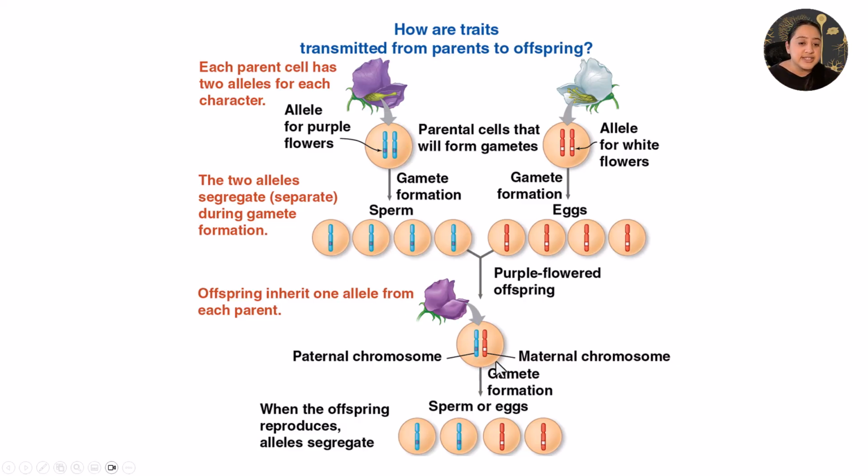That is how offspring end up getting one copy of each recipe for something, and then offspring have the full number of chromosomes. Even though it seems very different, meiosis, and then we jump into genetics and it seems like a totally different thing, they are connected. So I hope it becomes a little bit easier as we go through.